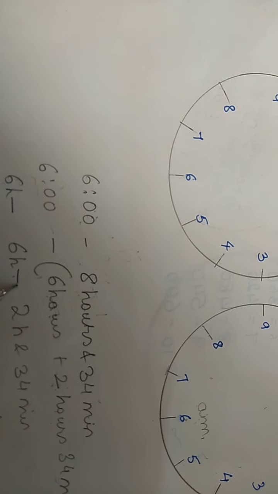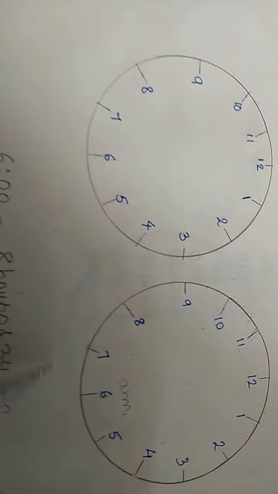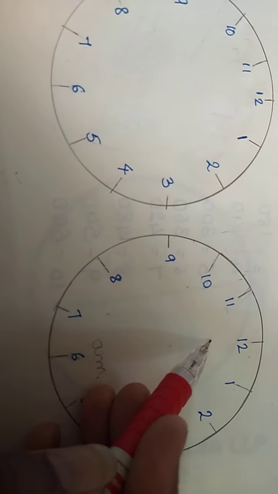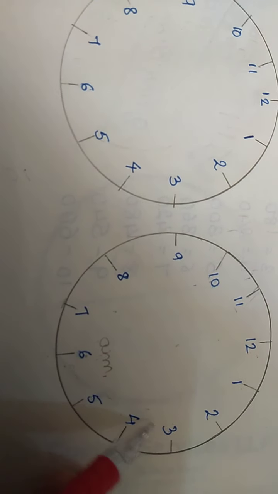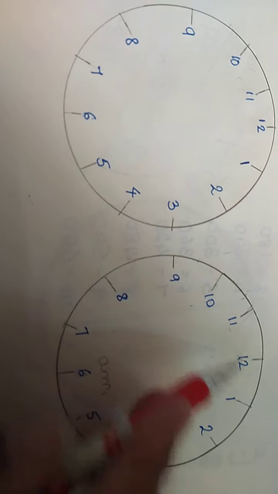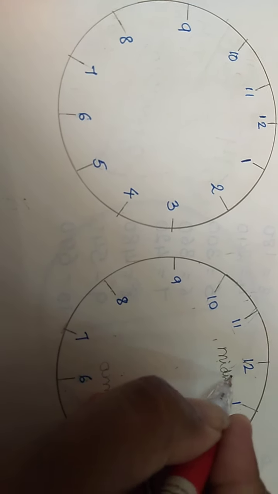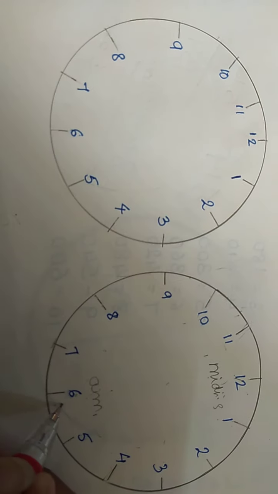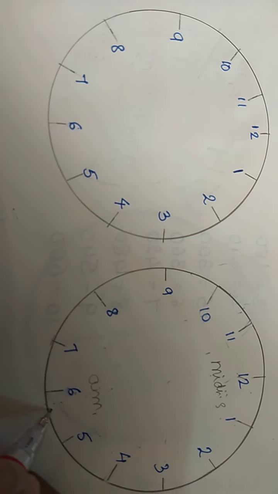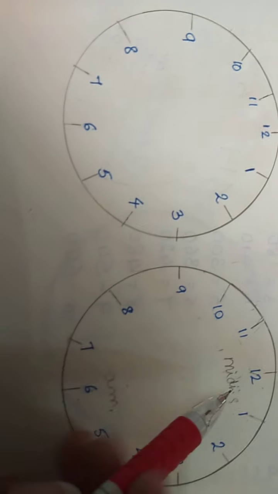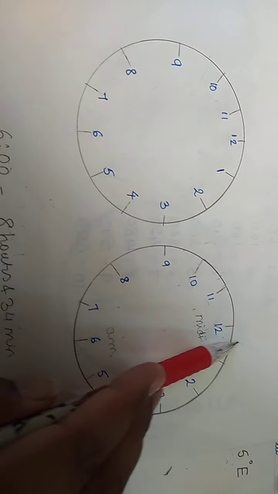Now 6 minus 6, you will say it is 0. Right, 6 minus 6, when we go back 1 2 3 4 5 6, it will be 12. It is AM here, this means it will be midnight. It has already crossed midnight. A new day has started. Now we only got 6 minus 6 is midnight.